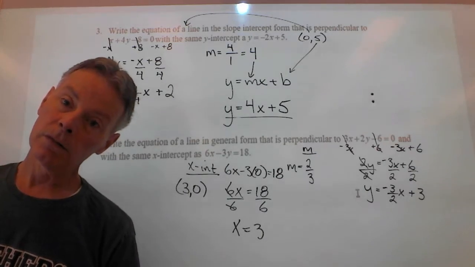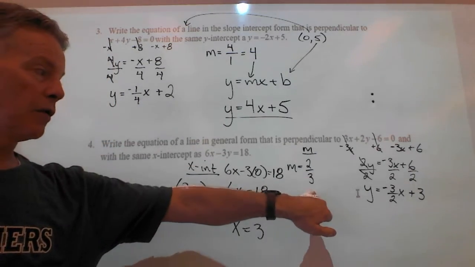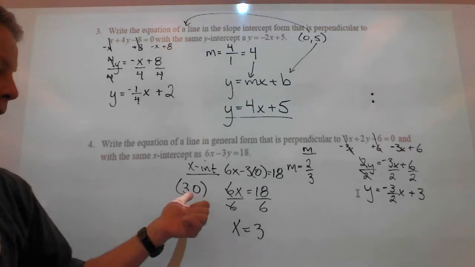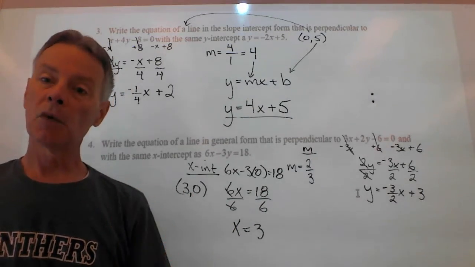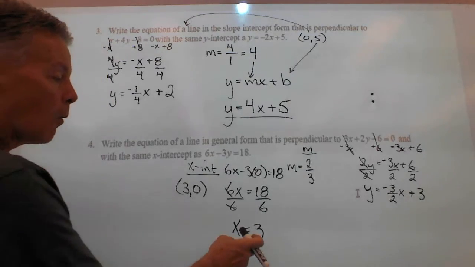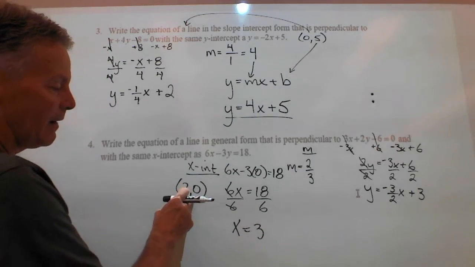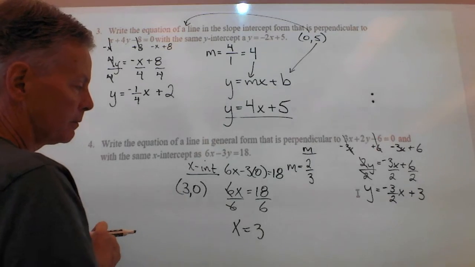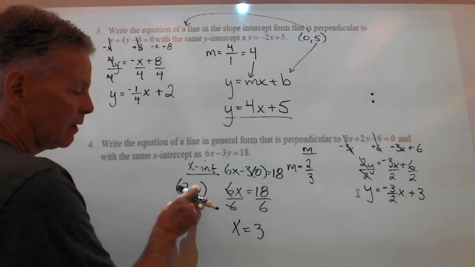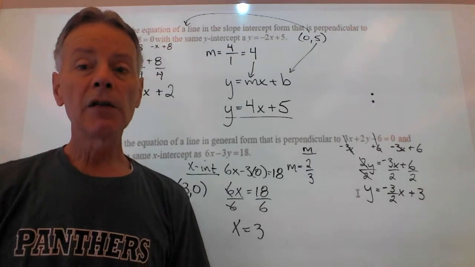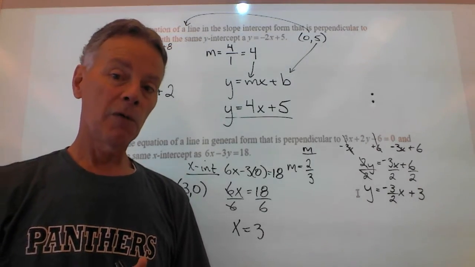So we have the slope, 2 over 3. We have a point, 3 and 0. Once we have the slope and the point, we can go ahead. When you have a slope and a point other than the y-intercept, sometimes it's easier to use point-slope form.